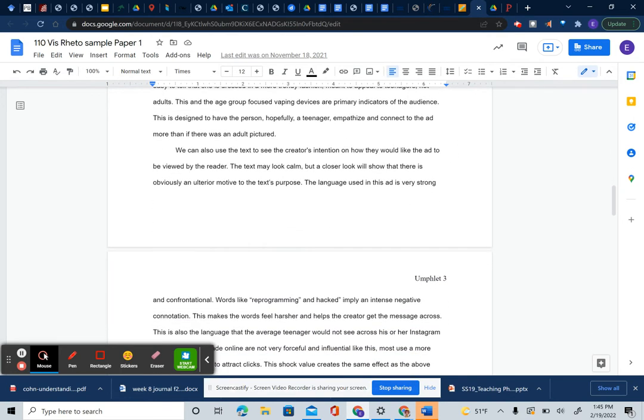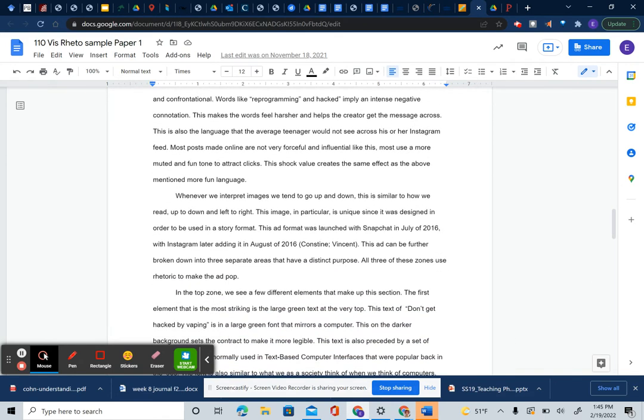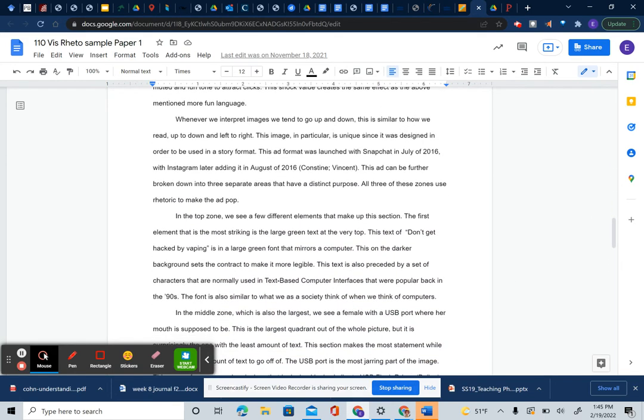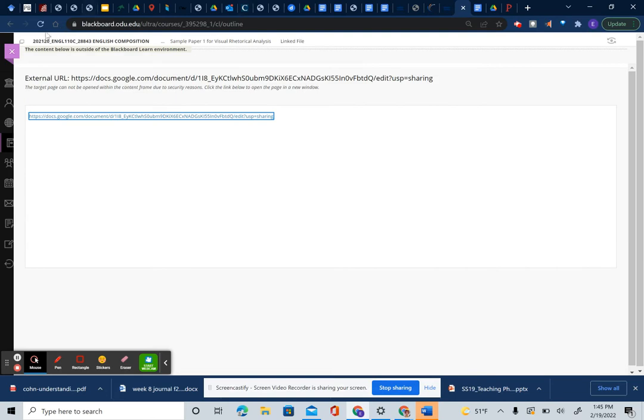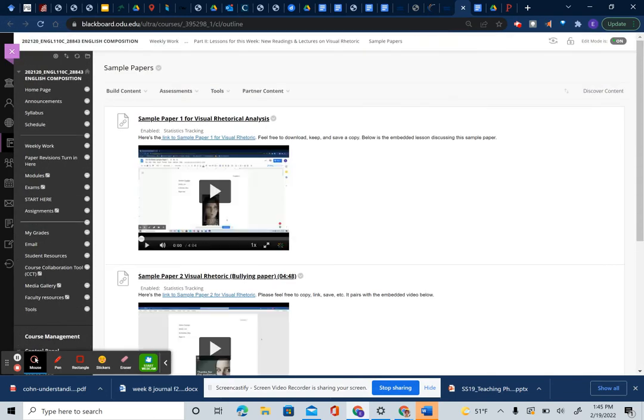Look at what happens inside the paragraphs and how the paragraphs hold together under the topic sentences. Each paper is actually pretty different. You'll probably want to look at the conclusion too, because all of those things are going to help you write your journal for this week. So there are your sample papers.